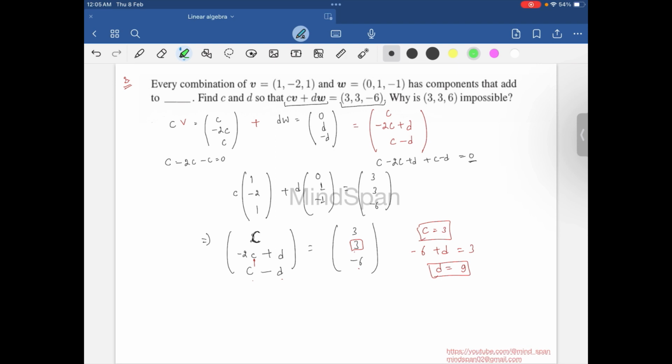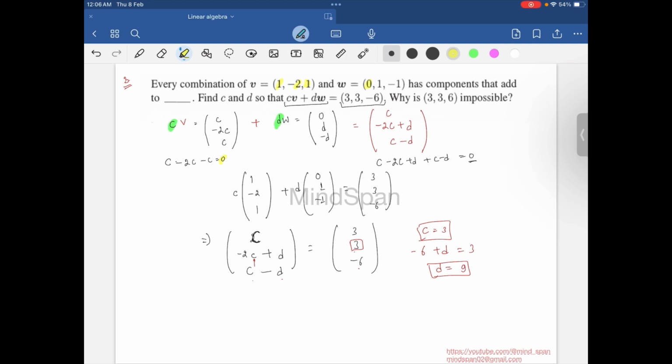So the point is here, that in the first part we found that if you take any linear combination and add up the components of v, it is 0, and we add up the components of w, and we found that it is also 0. We took the linear combination of v and w, added up those components, and found that it is 0.